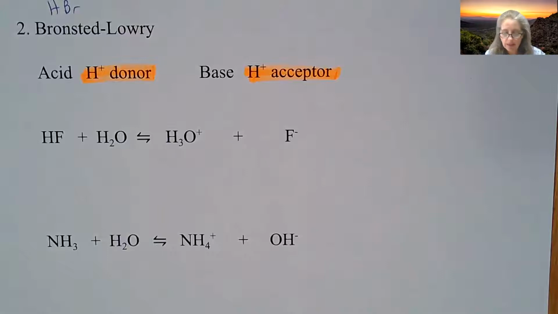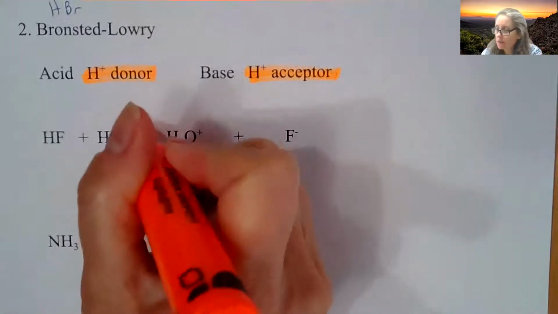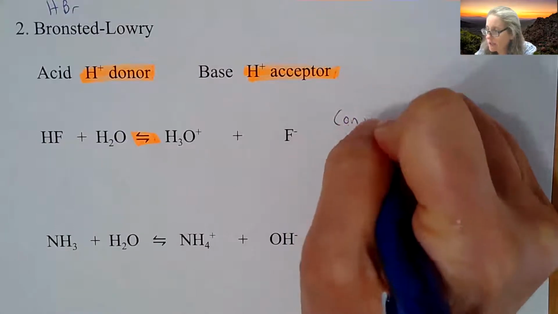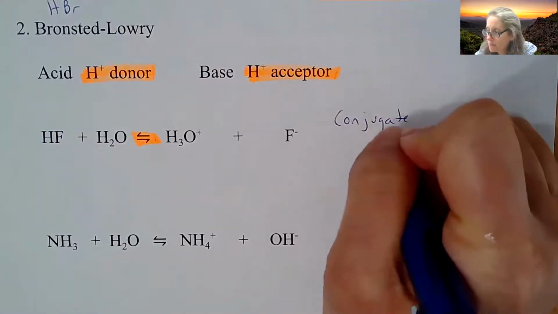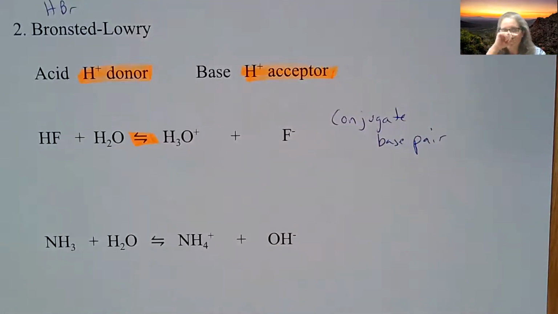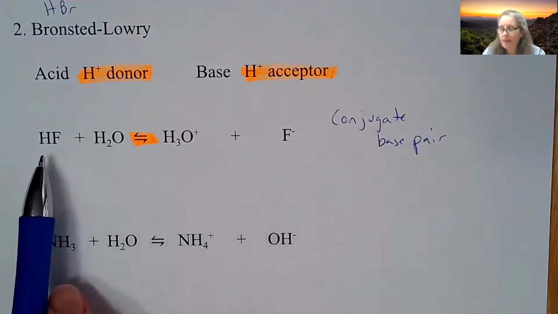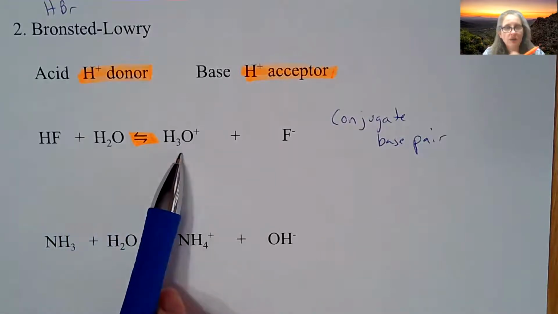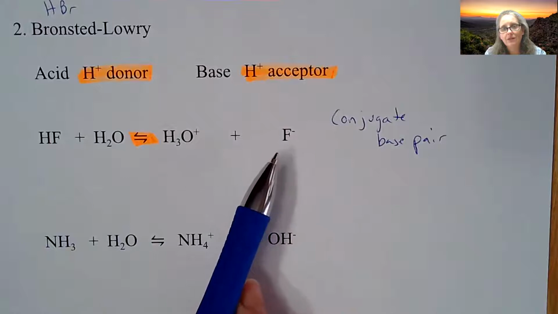So what you're going to see is these are going to be what we call equilibrium situations. And so when we're looking at Bronsted-Lowry, we are always going to be defining them in conjugate acid-base pairs. So when we are looking at HF, okay, HF in an aqueous system is going to produce H3O+ and F-, fluoride.